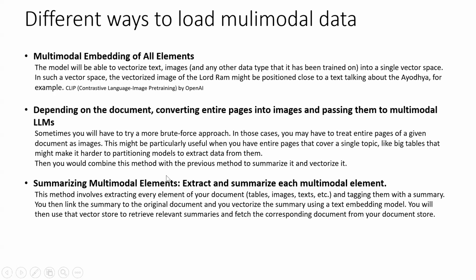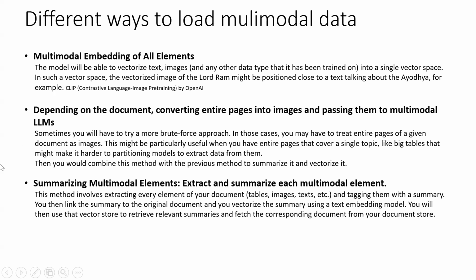Then you would combine this method with the previous method to summarize and vectorize it. So this is the second approach, where we pass page by page, treating them as images, to the multimodal LLM, and it will create some summary out of it.